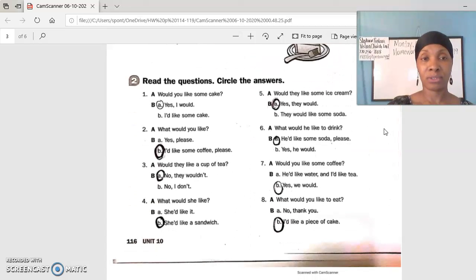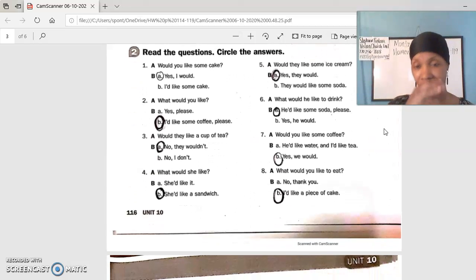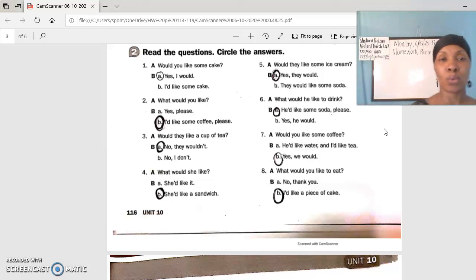All right, exercise 2. Read the questions, circle the answers. All right, would you like some cake? Yes, I would. Number 2, what would you like? I'd like some coffee, please. Now you notice with 1, you are offering the person something specific. Do you want an apple? Do you want an orange?